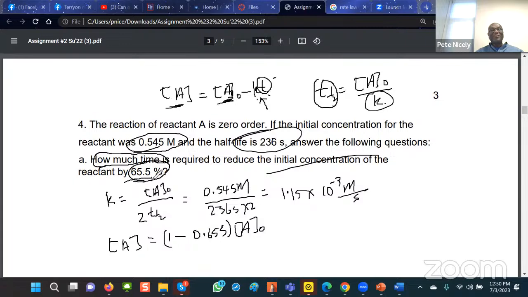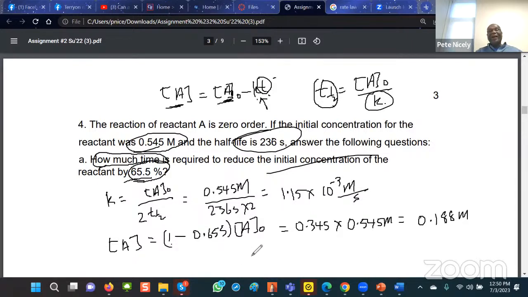If 65.5% of A is used up, or reduced by 65.5%, then the amount remaining would be 1 minus 0.655 times the initial concentration of A. So that gives us 0.345 times the initial concentration of A, which is 0.545 M. And when I worked that out, I got 0.188 M. All right.